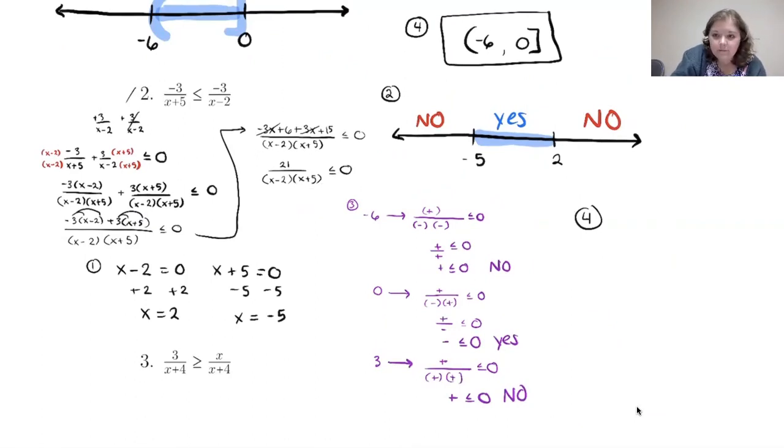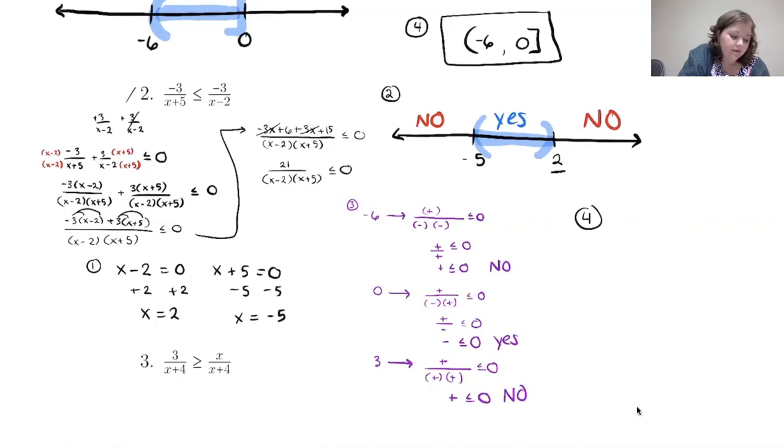And so if we plug in -5, we're dividing by 0, so we can't do that. So we can't include -5, so it gets a parentheses. The same thing with positive 2. Positive 2 came from when we set x minus 2 equal to 0, and x minus 2 comes from the bottom. So that 2 comes from the bottom.